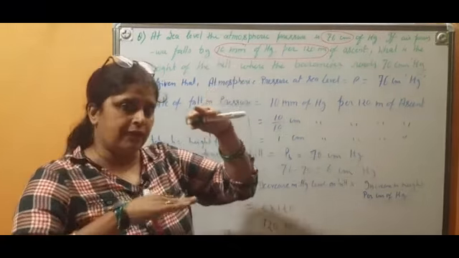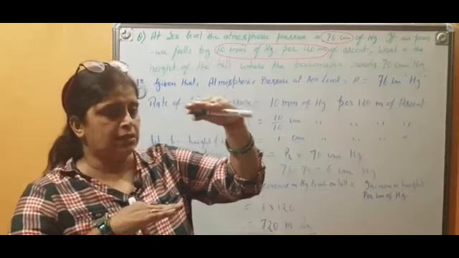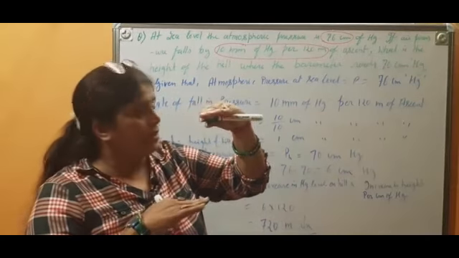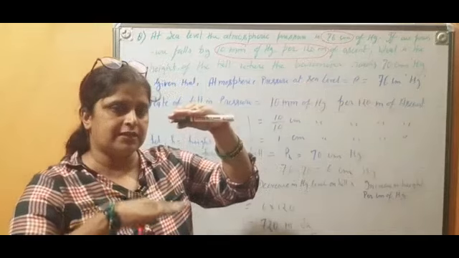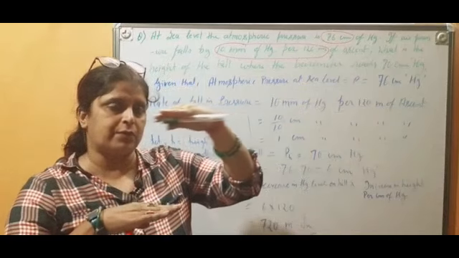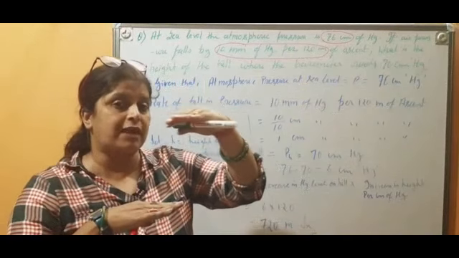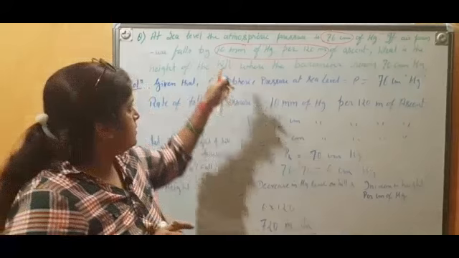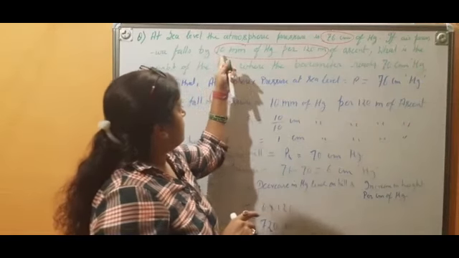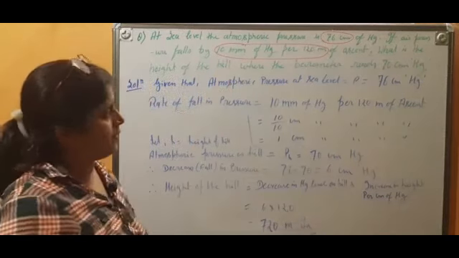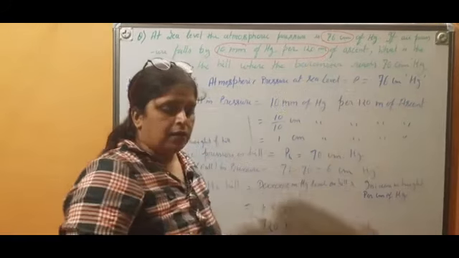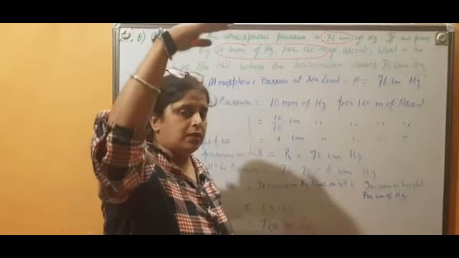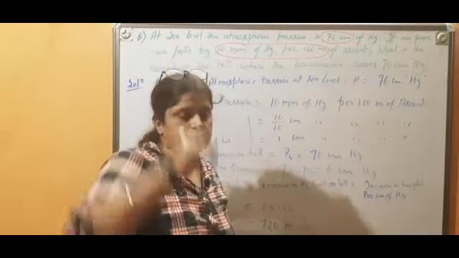So if this is a place which is 120 meter above the sea level, here is 76 centimeter, then here the atmospheric pressure will be 75 centimeter, because our question says that that is the rate of decrease in atmospheric pressure per 120 meter. It means per 120 meter 1 centimeter air pressure will decrease.